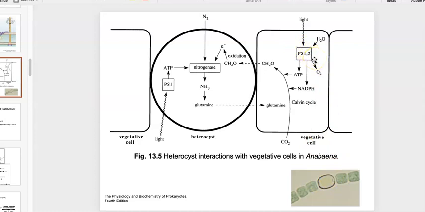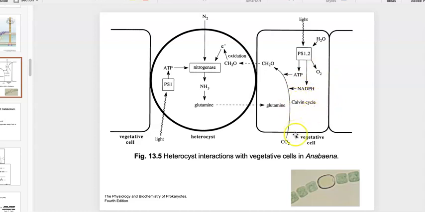And so these can absorb light. They're oxygenic photosynthesis, and so they make oxygen in these vegetative cells. They also make a ton of ATP and NADPH for reducing power. They're using water as the electron donor and then pumping out oxygen, as I showed you. And then the energy and reducing power that the microbes are making is powering the Calvin cycle.